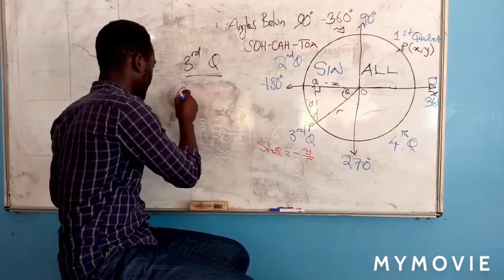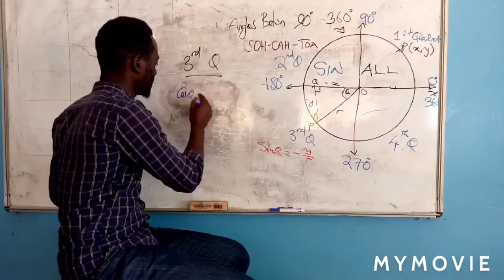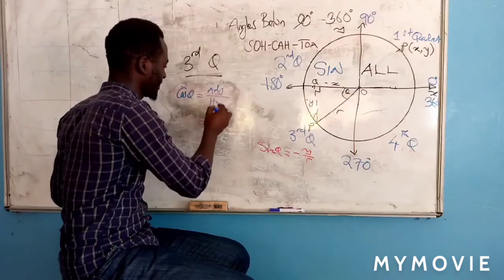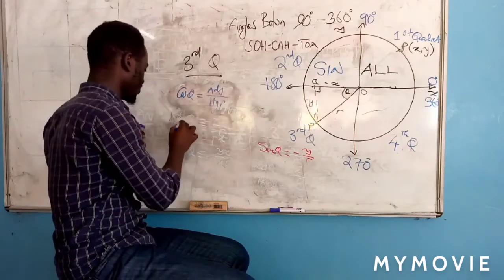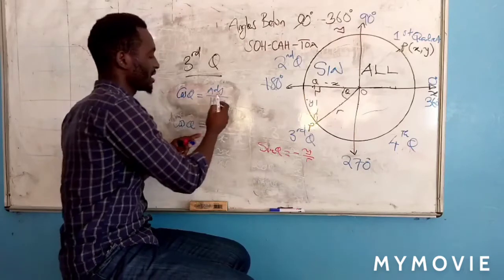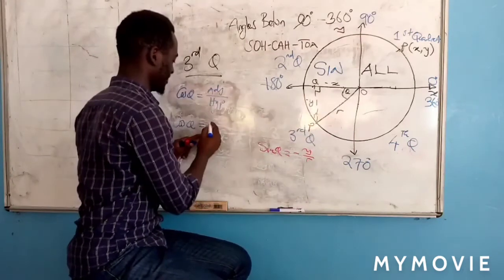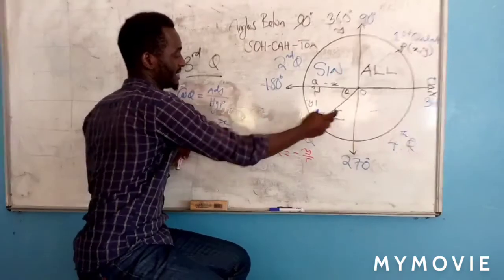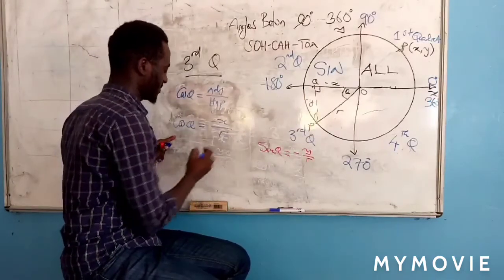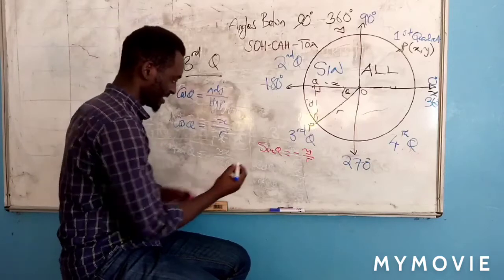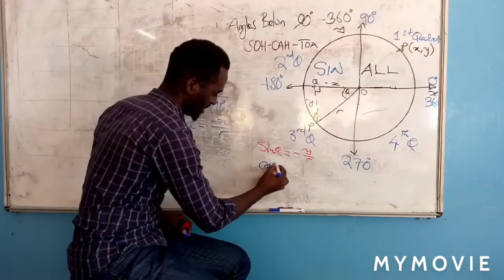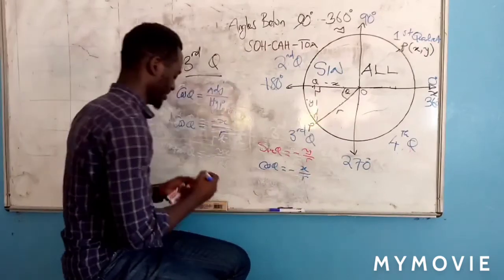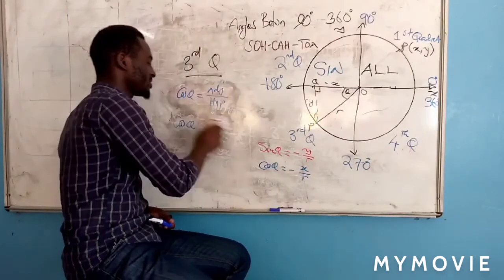Cos theta is equal to adjacent over hypotenuse. Adjacent to this angle is negative x, over hypotenuse r. So cos theta is equal to negative x over r.